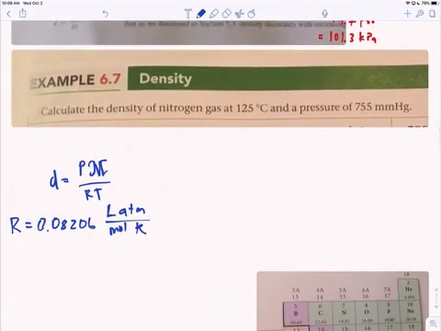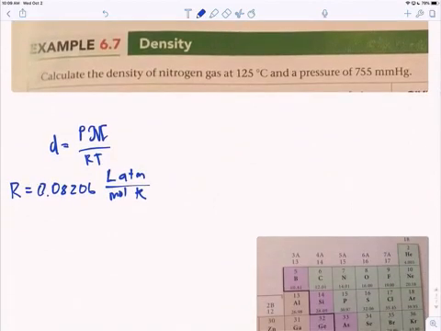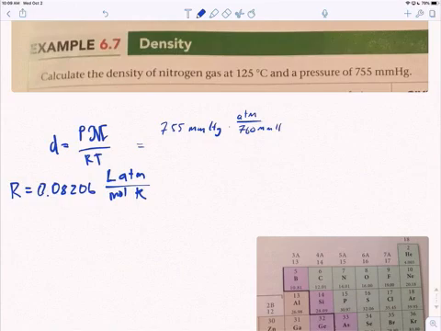Okay, so we did that horrible derivation, and I'm going to apply it. Calculate the density of nitrogen gas at 125 degrees Celsius at pressure of 755 millimeters of mercury. So already have that equation there. Density is pressure times molecular weight divided by RT. So our pressure is 755 millimeters of mercury, and then an atmosphere is 760 millimeters of mercury.